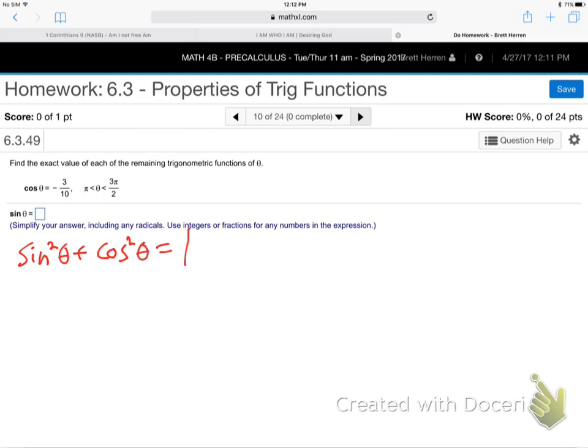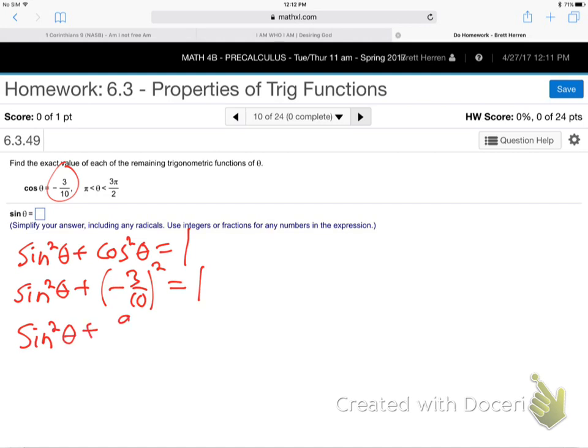Sine squared plus cosine squared is 1. Cosine is minus 3/10. Square the 3, square the 10. Good to there.